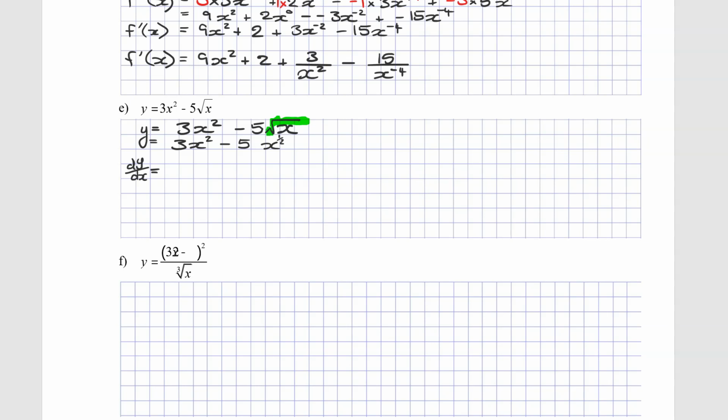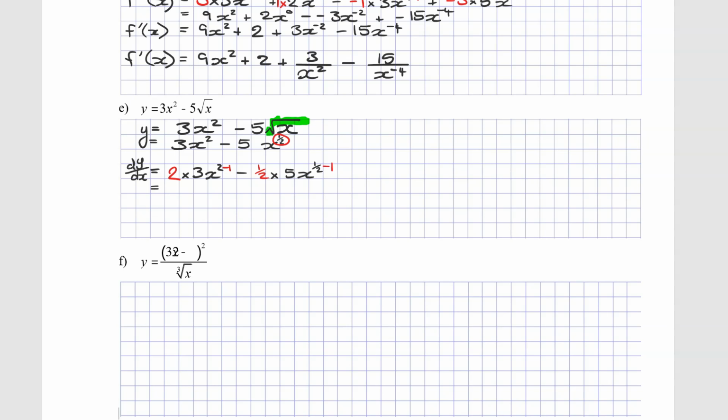And using the simple power rule, we're going to get 2 times 3x squared minus 1. And then it will be minus, and the power itself here is a half. So we're going to get a half times 5x, power of a half, take 1. Interesting.